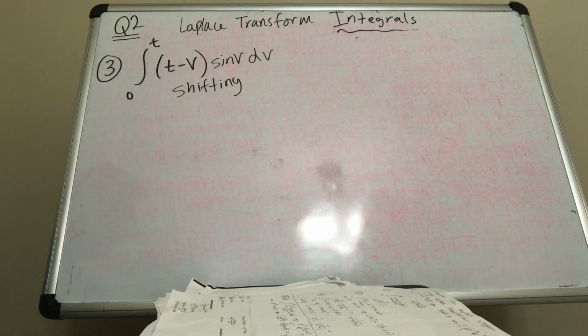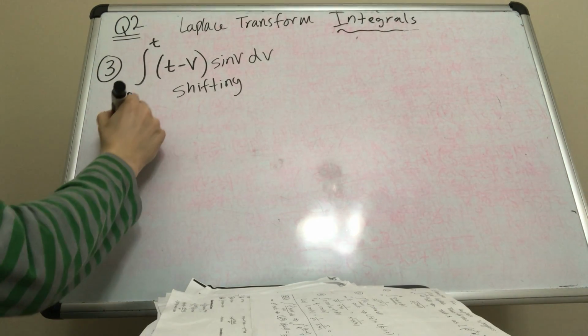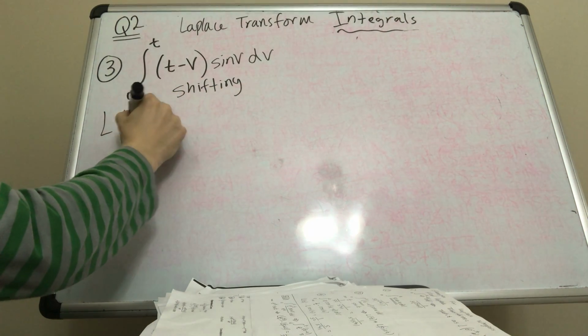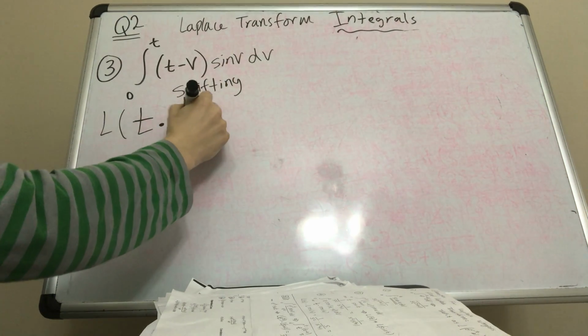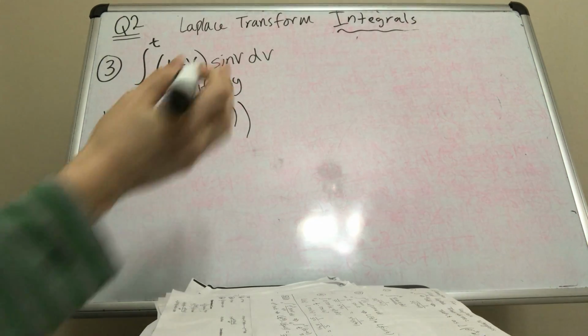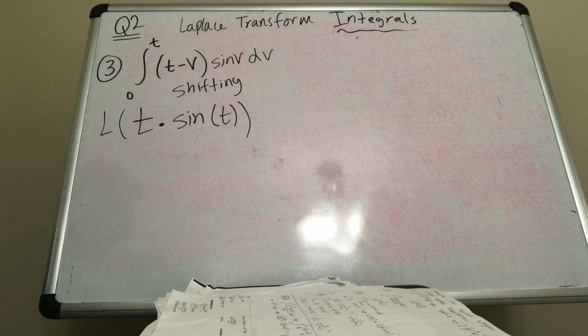This is rule number 16. When there's shifting involved, the one with the shifting, you treat it as t. And this one you just treat as sine t.